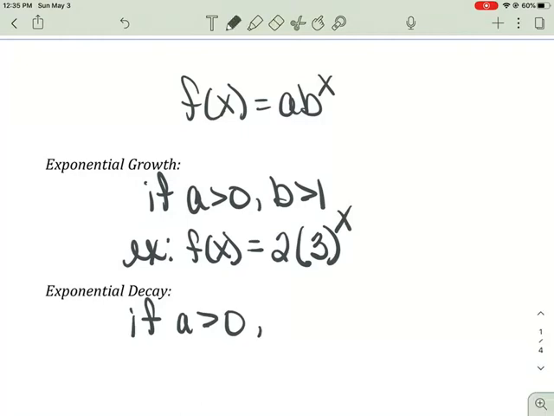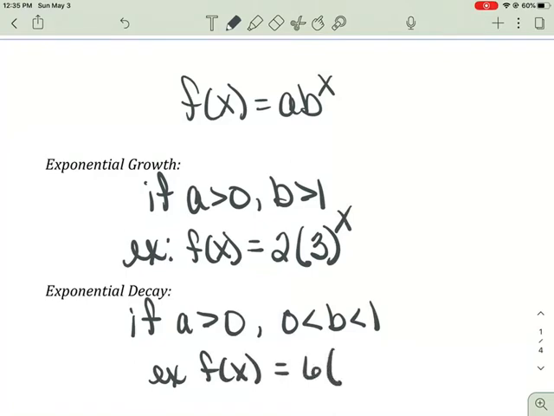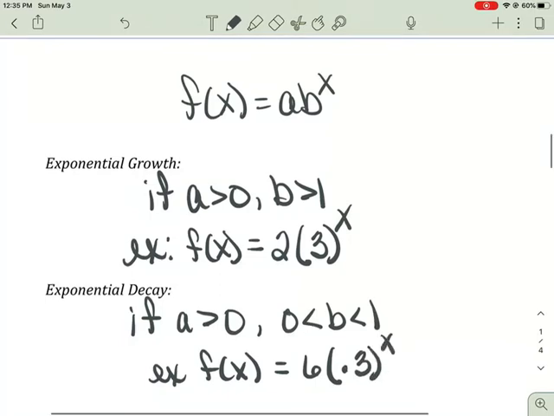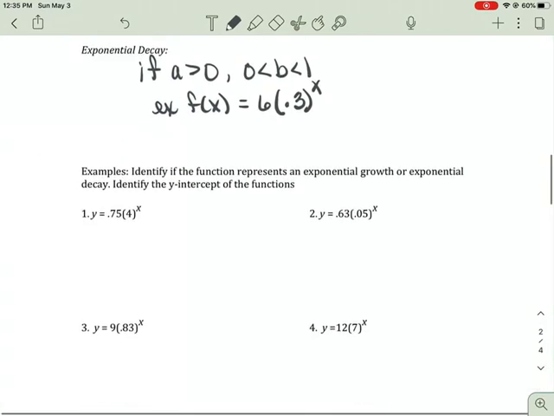And b is going to be between 0 and 1. So we're talking fractions here, decimals. Non-negatives, so we can't be bigger than 1. So we're talking like 0.5, 0.7, 0.99, any of those. So for example, our function might be 6 times 0.3 to the x. Okay, and that would be a decay model.